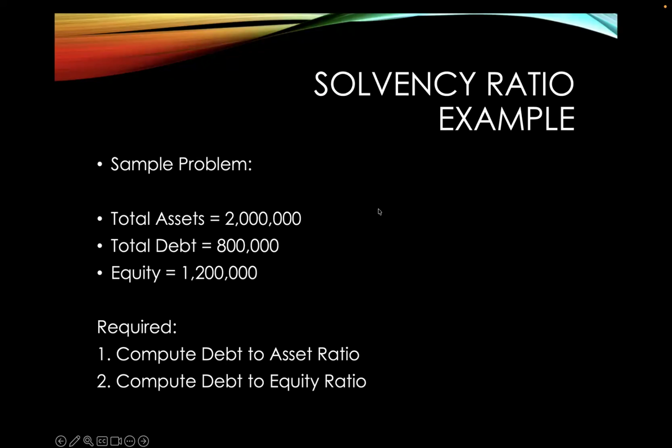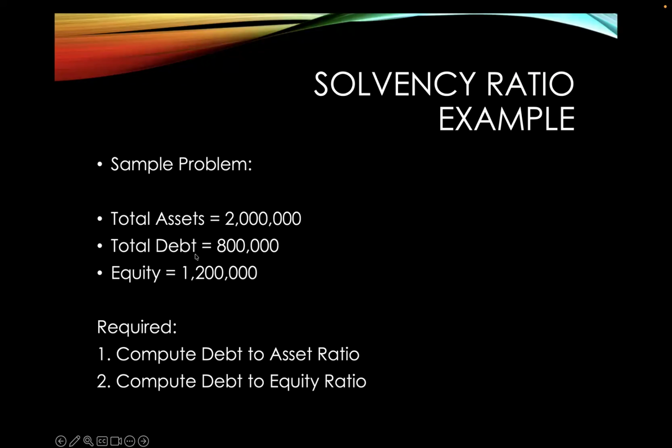Let's have this example on solvency ratio. Total assets is 2 million, total debt is 800,000, and total equity is 1.2 million. Again, what's our accounting equation? Total assets, so that's 2 million, equals total liabilities plus equity.